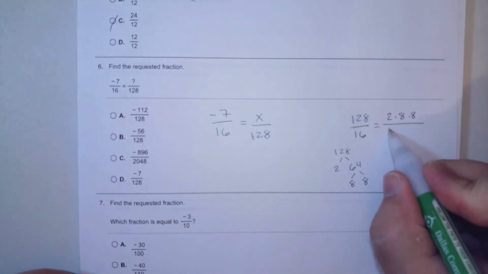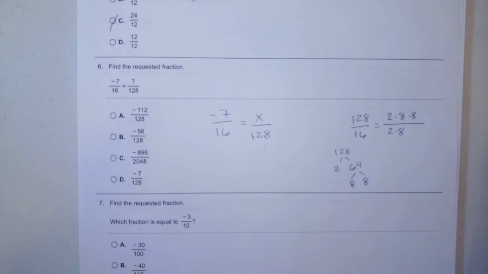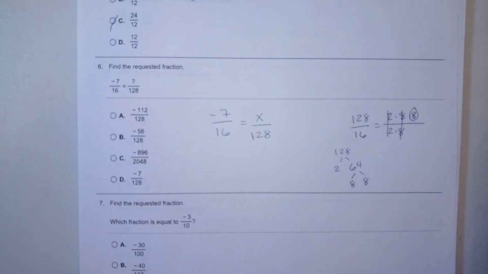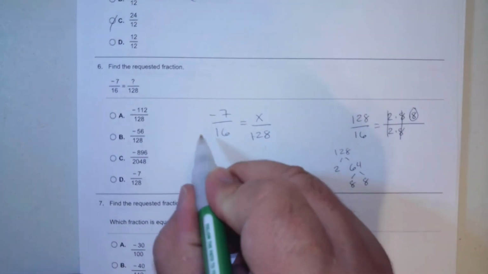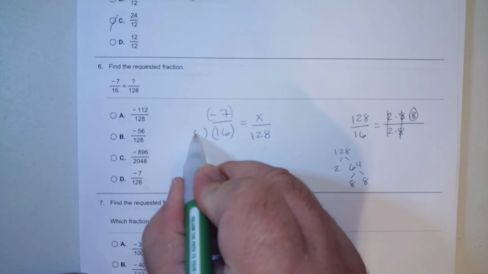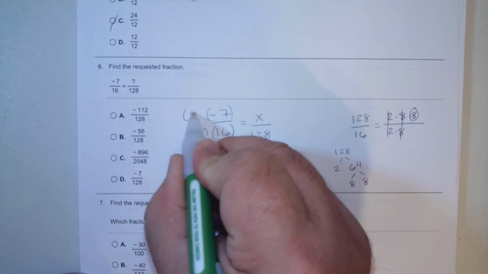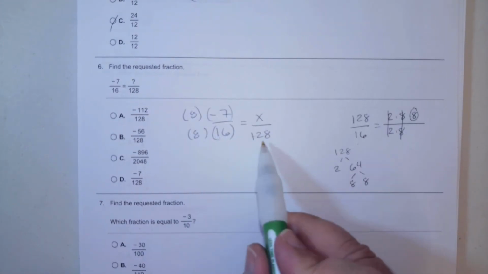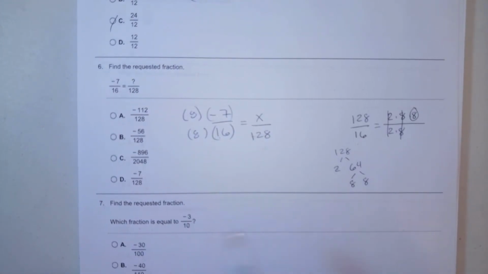Because 16 is 2 times 8. So 2's cancel, 8 cancels. So we know that if we multiply top and bottom by 8, they'll be equal. 16 times 8 is 128. Check.